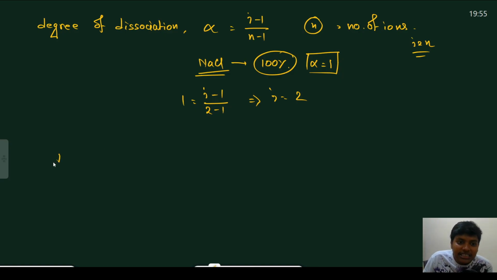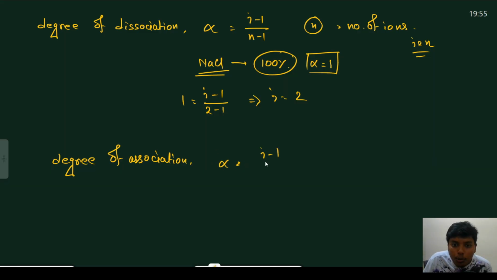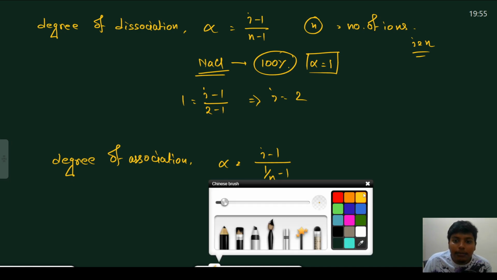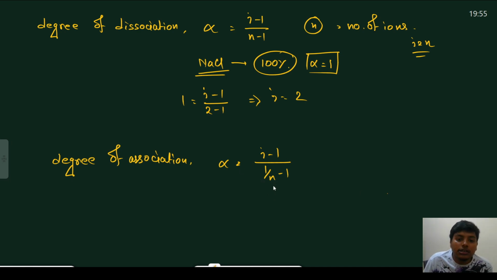Next, degree of association. These two are very important to remember. When degree of association is given, alpha equals (i minus 1) by (1 by n minus 1). For example, take acetic acid.